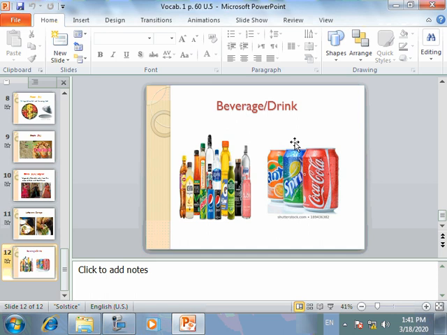Here we end the vocabulary, page 60. Okay, it's very easy, and I think you have understood every word. And the explanation is really comprehensive in the booklet.